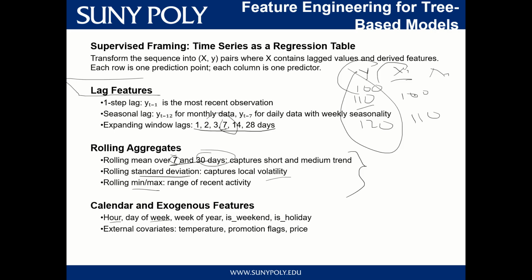Why? Because you can predict the next cycle, but it will be difficult to predict 2, 3 cycles in advance because you don't have those lags, you don't have those values. You only have until the last cycle.